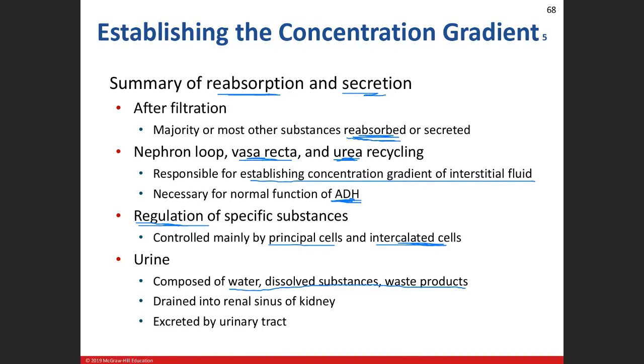If it's water, normally that's a resorbed substance, but there has to be something that you call into question in regards to your hydration status, for example, or blood pressure. But eventually, urine is going to drain out of the papillary duct into the minor calyx, into the major calyx, into the renal pelvis, and then out of the renal pelvis into our ureters and down into our urinary bladder to be excreted through the remaining portion of the urinary tract.